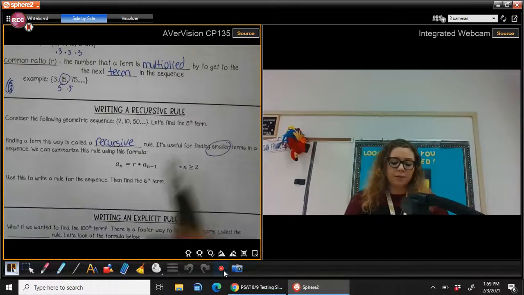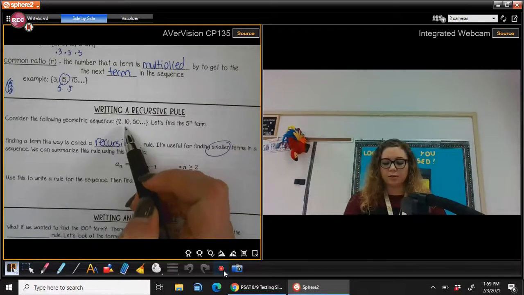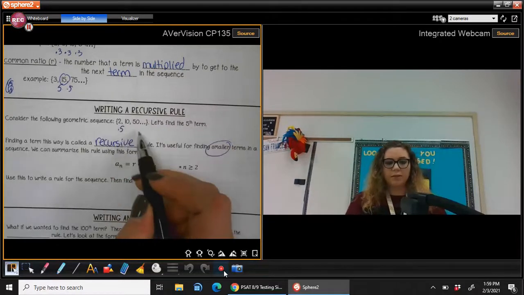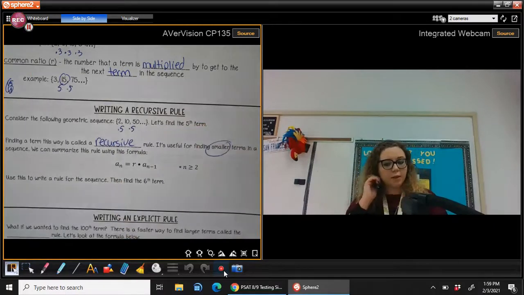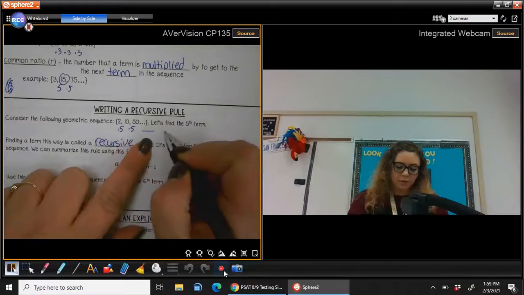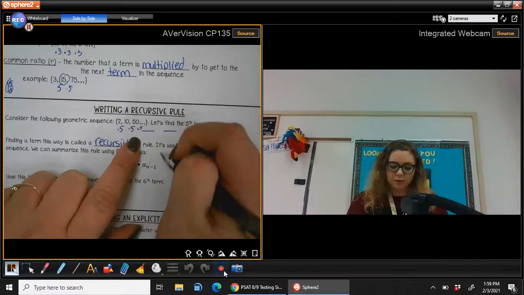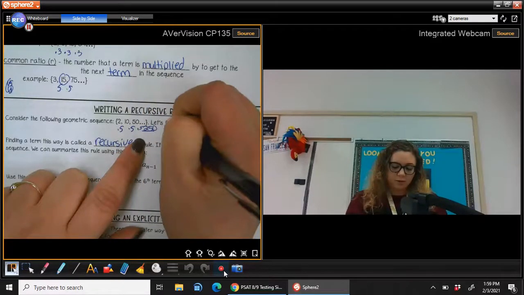But the reason we can use this is, just look here. What's multiplying by 2 to get to 10? Multiplying by 5. What about 10 to 50? Multiplying by 5. So if this keeps going, and I want to find the fifth term, I need to find two more. So I'm going to multiply by 5. 50 times 5 is going to give me 250. 250 times 5 is going to give me 1,250.